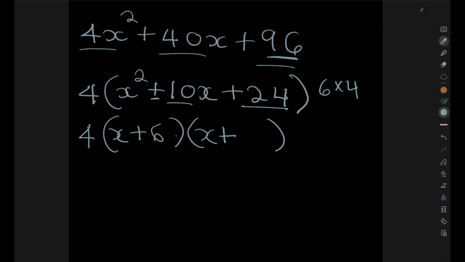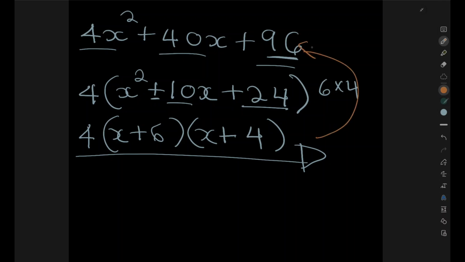In this case, here we have 6, and here we have 4. And if we FOIL this back, we're going to get back to our original equation, which is 4x squared plus 40x plus 96. Okay, so now we're going to try two more examples, and then that will be it for the end of the video.